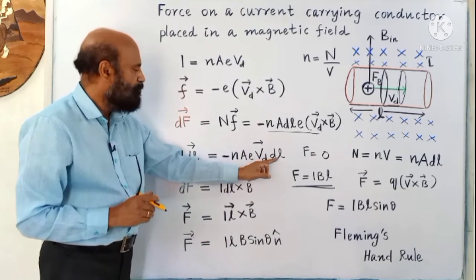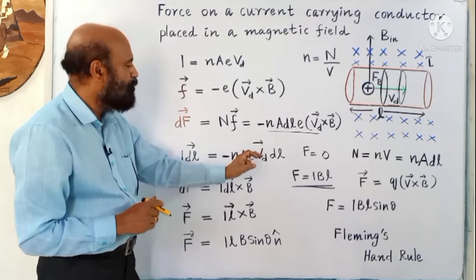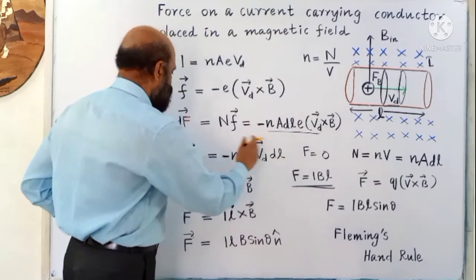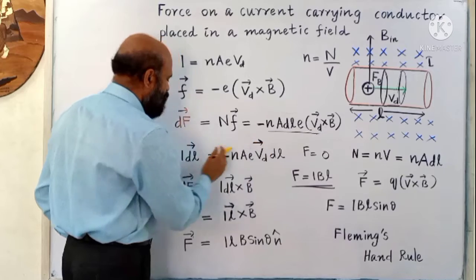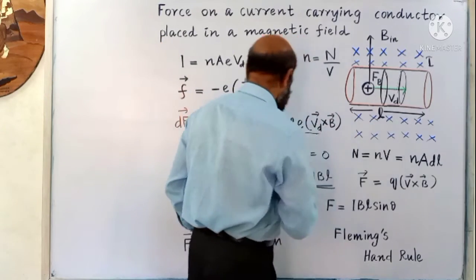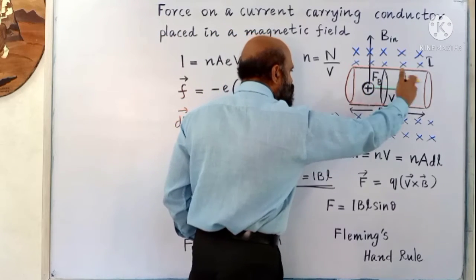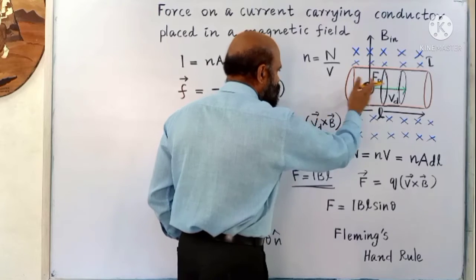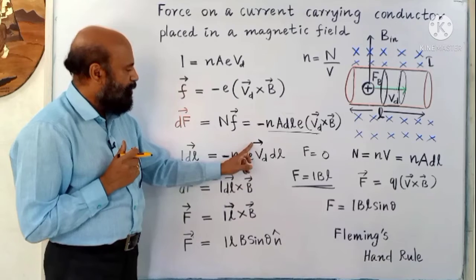Now both sides you multiplied by dl. Here this is current into dl vector, and here is the drift velocity. Current is on that side, but drift velocity is along this direction, so drift velocity is a vector.